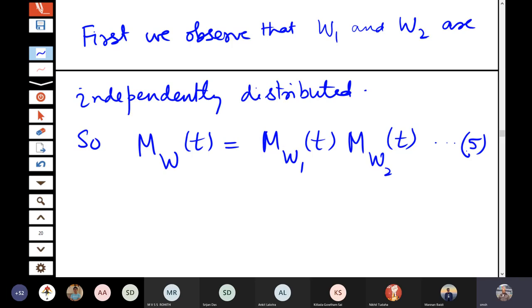Now let us look at the independent terms, this MW1(t) and MW2(t). This MW(t) we already have because W is following the chi-square n distribution, isn't it? So let us look at what MW1 and MW2 are. So W2, this is n (x bar minus mu) square by sigma square.